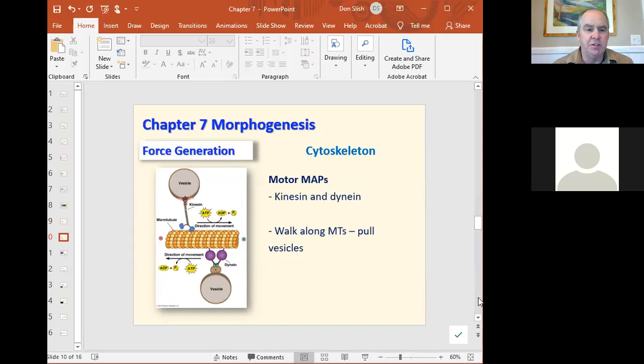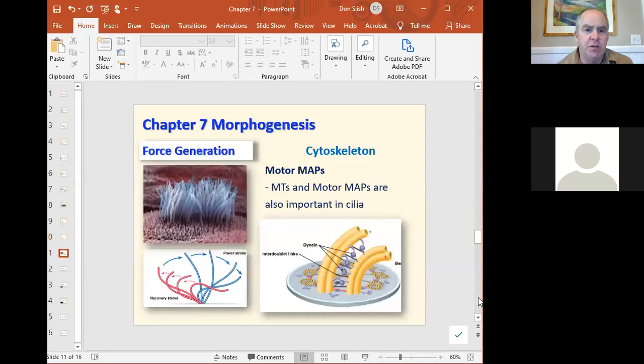taking proteins to where they need to go, taking lipids where they need to go. There's a lot of different movements that happen here with these molecular motors. But these molecular motors are also involved in the cilia, dynein especially, causing the whip-like motion of the cilium that makes it move fluid.